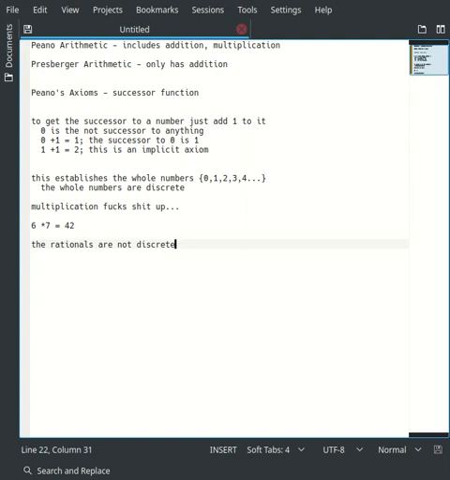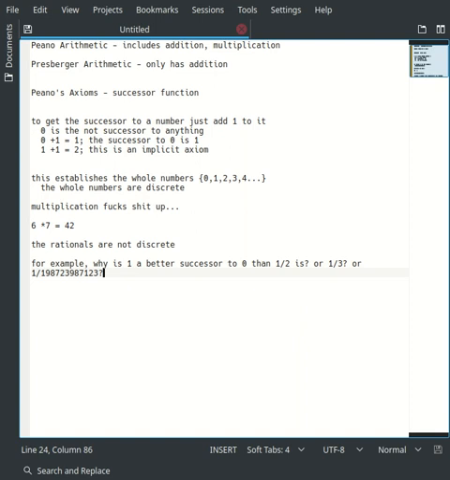Right? So for example, why is 1 a better successor to 0 than 1/2 is, or 1/3, or 1/19, whatever this number is, right?